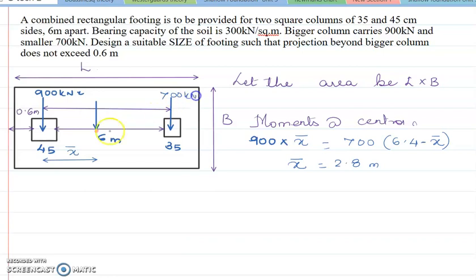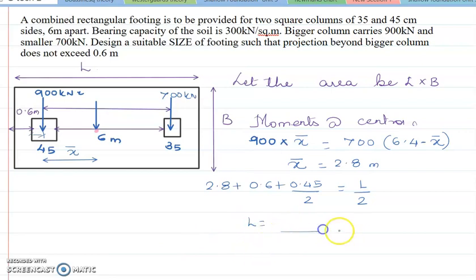Now the same has to be the centroid of the footing. So this point, this x bar 2.8 has to be half of L, that is L by 2. So 2.8 plus 0.6 plus half of this, 0.45 by 2, has to be equal to L by 2. So this will give me L, you all please calculate.